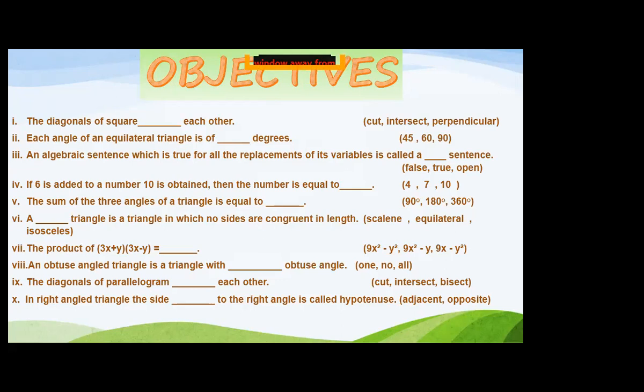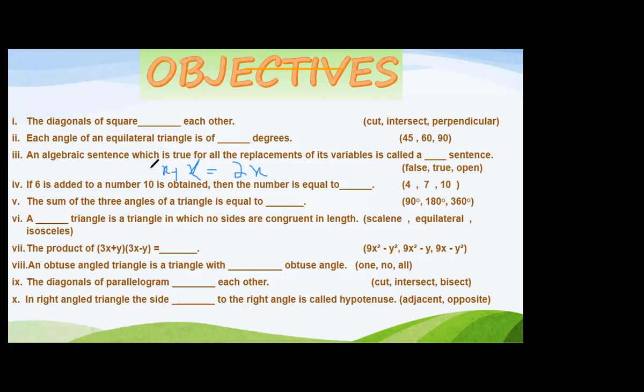For example, I have x plus x is equals to 2x, right? This is an example of the true sentence. I can give you the question in this way also, that x plus x is equals to 2x. It's an example of a true sentence.